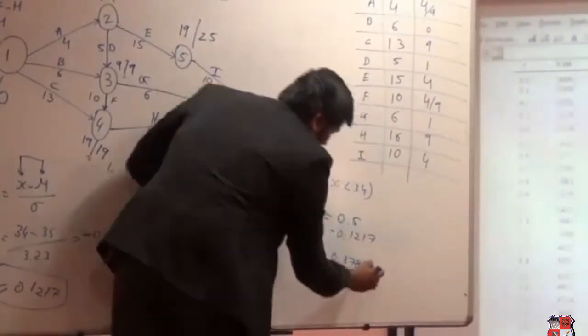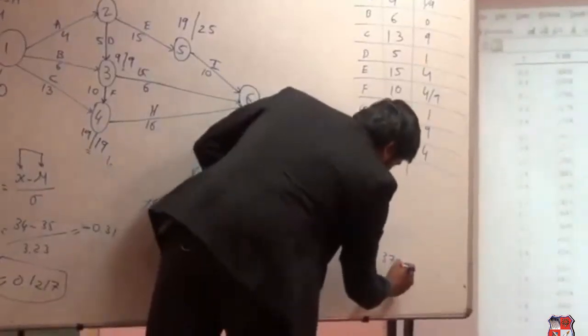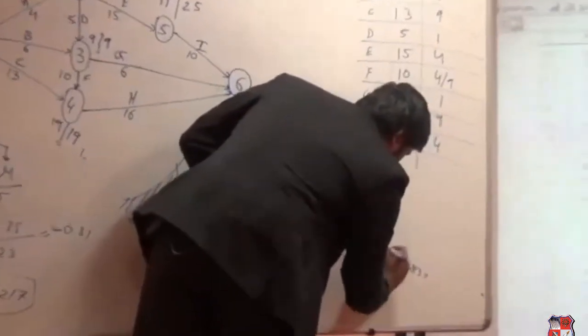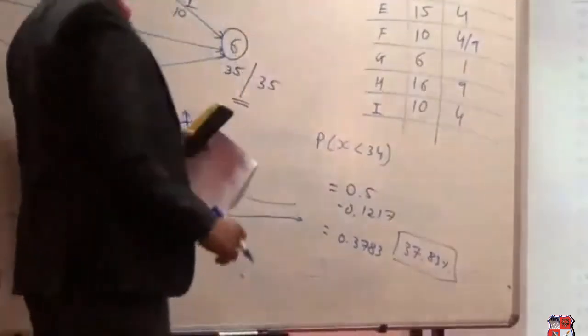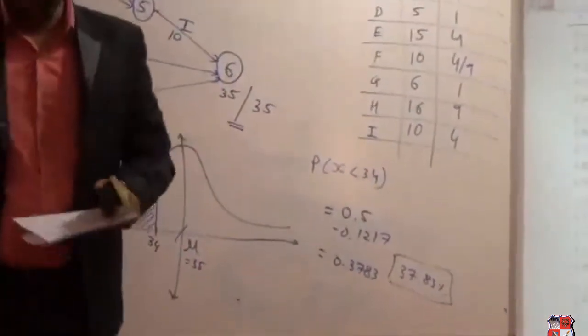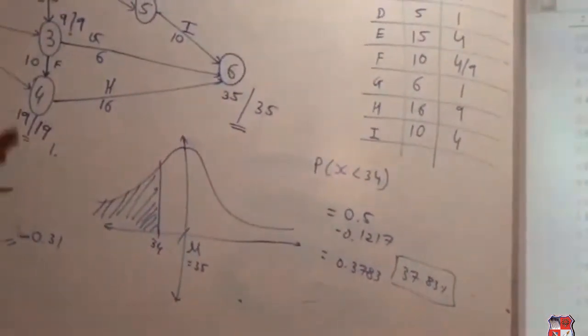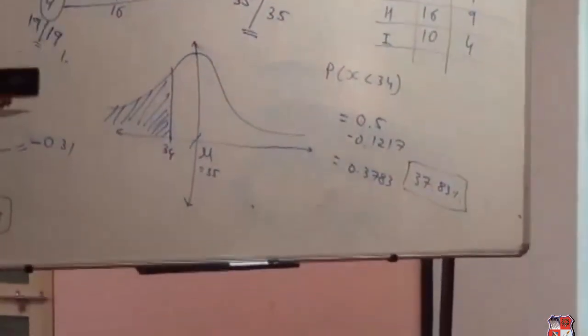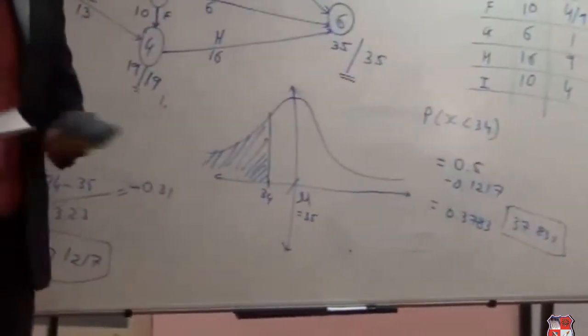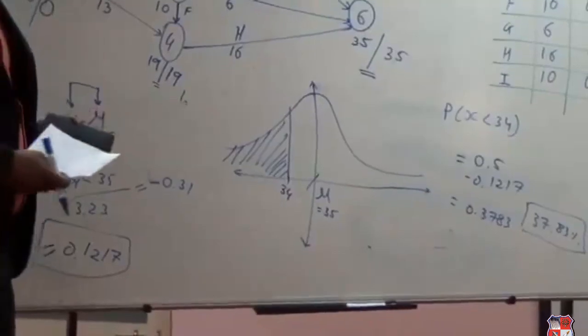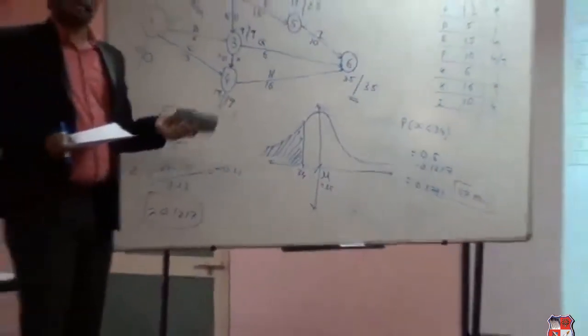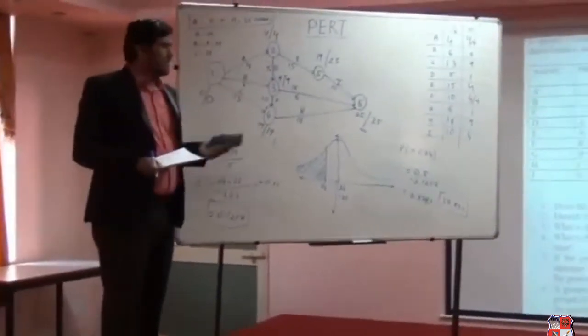If we write it in percentage, that is 37.83%. So what is the answer? The probability of completing the project 1 week before is 37.83%. So this is the answer to question number 4.